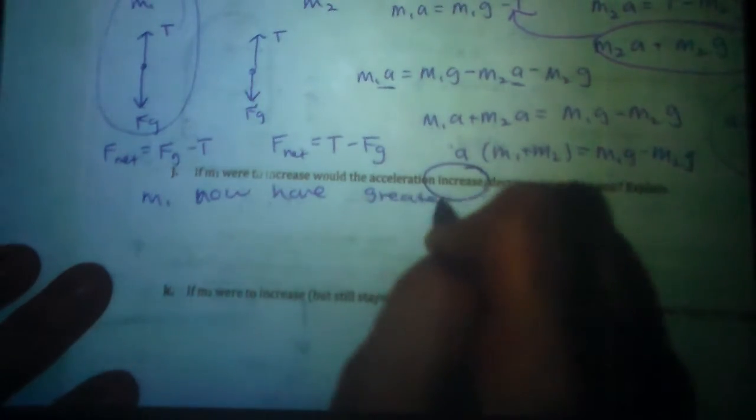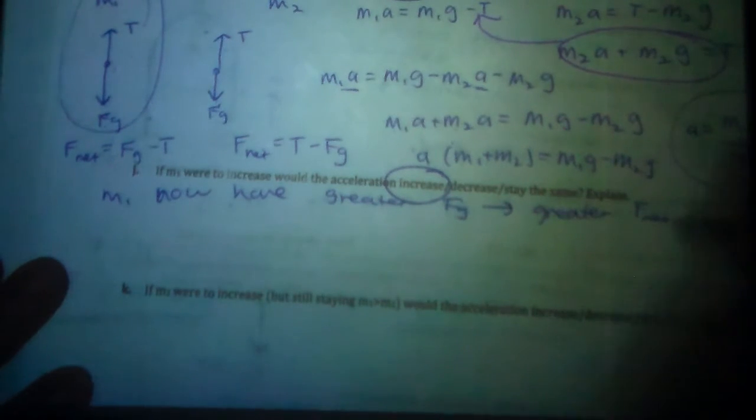So here, if you were to just look at this guy's free body diagram, if M1 would now have a greater force of gravity right here, and the tension will change, but overall it has more force pulling it down, now it's going to have a greater net force.